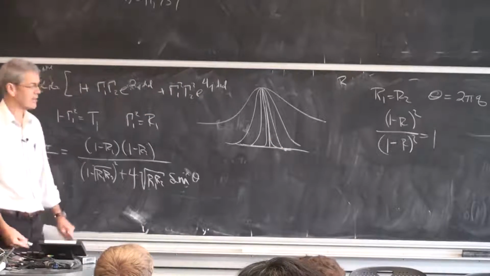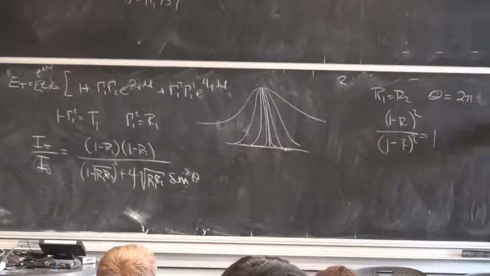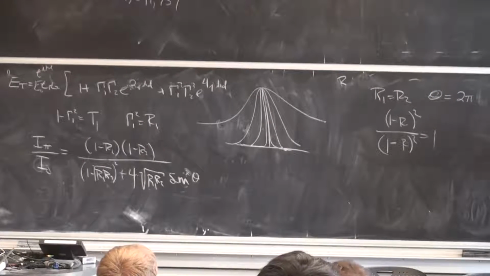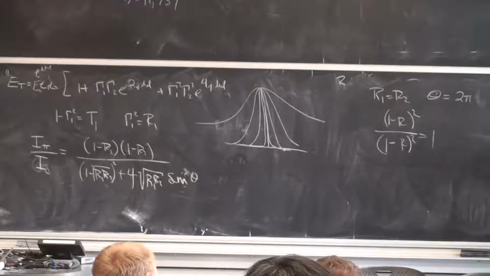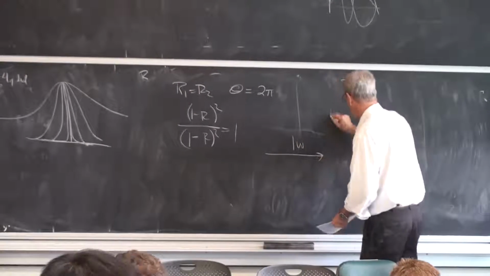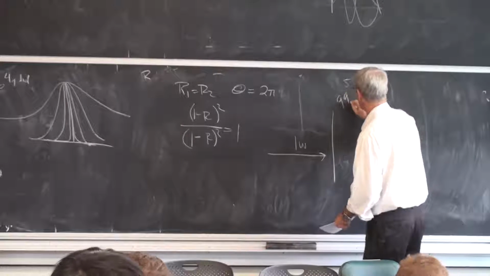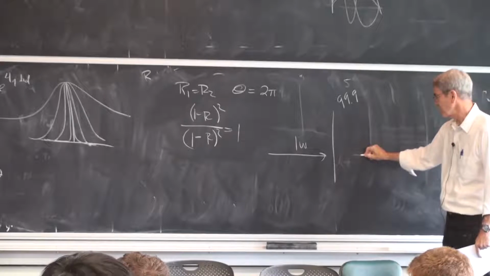I wanted to illustrate, though, how this works. It seems counterintuitive to some extent. Let's imagine I take a 99.9% mirror, a really good high reflector. I've got 1 watt coming along here. I'm going to put a 99.9% reflector right there, and I want to see what's coming through here.